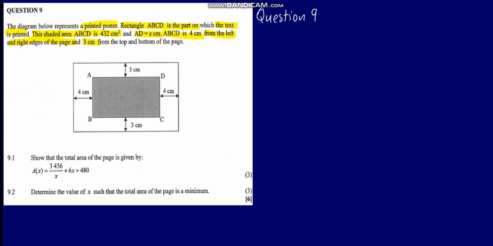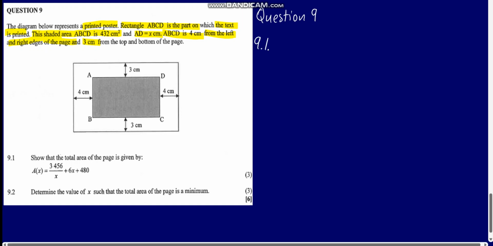So to get the area of this page, we can see that here we have the lengths. It's 3 and 3, right? So these are the dimensions of this page. You can say this is length times the breadth, right?